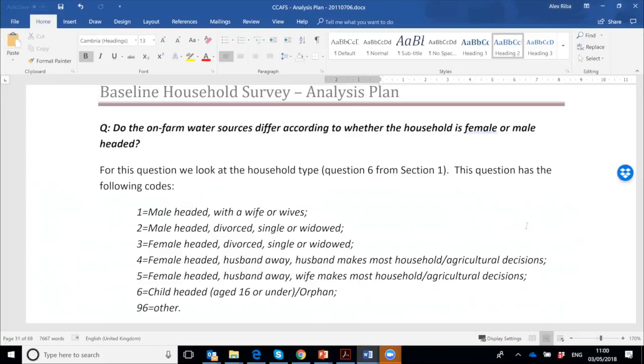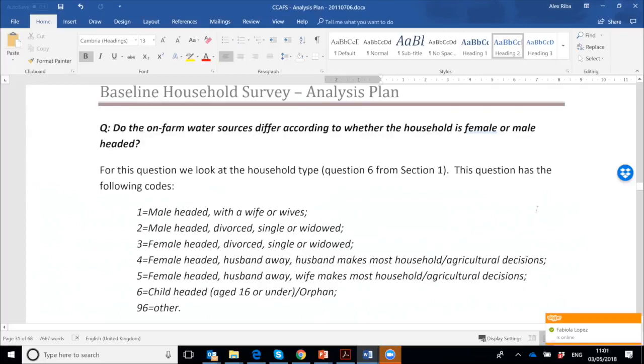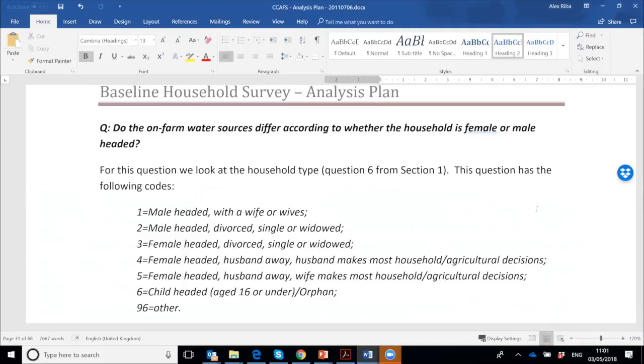One of the research questions was, do the on-farm water sources differ according to whether the household is female or male-headed? So we have to define what this actually means. And we can combine into female and male-headed households, or we may expand these categories into these 6 here on screen: male-headed with a wife or wives, male-headed divorced or single or widowed, female-headed divorced, single or widowed, female-headed husband away, female-headed husband away but female makes most of the decisions, and child.